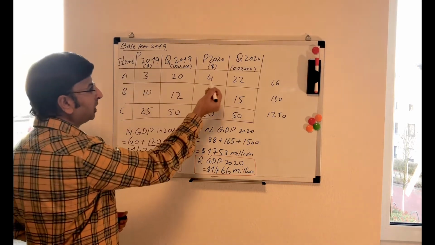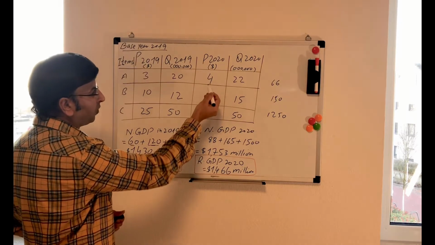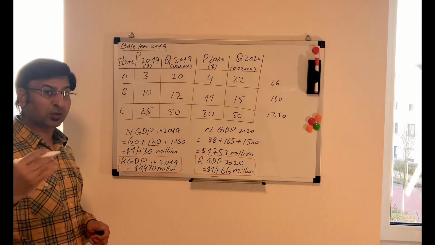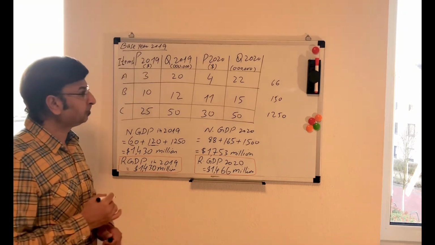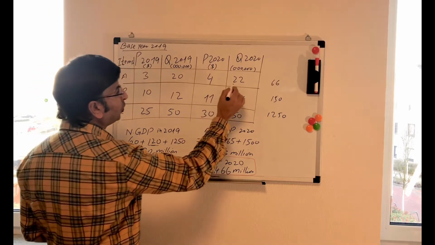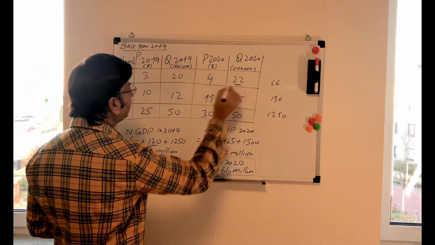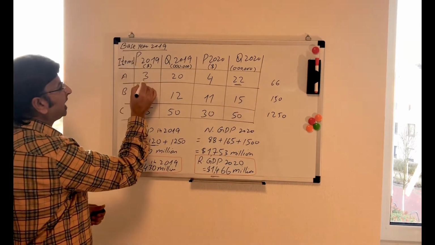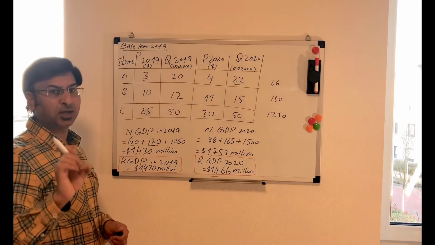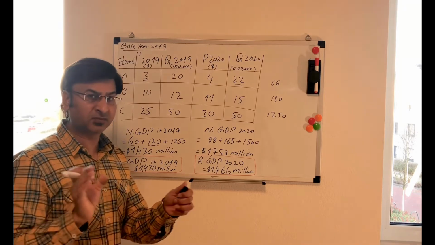And for 2020, you have 4, 11, 30 as current prices. In order to calculate real GDP, we need to multiply the 2020 quantity with the 2019 price, because we have to keep prices constant as we adjust for inflation.